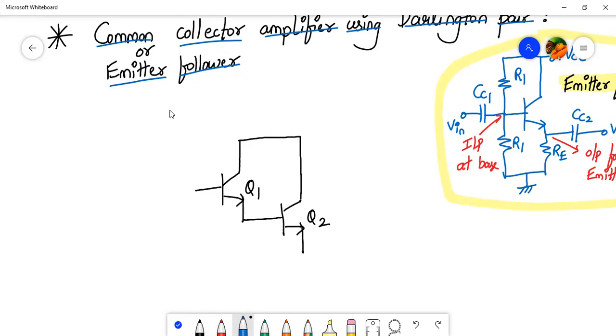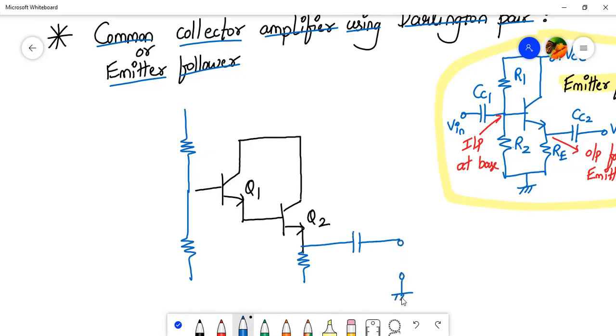I'll use a blue color to connect the remaining part of the circuit. So this is my R1. This is R2. Then we have RE. Then at the output we have a capacitor.